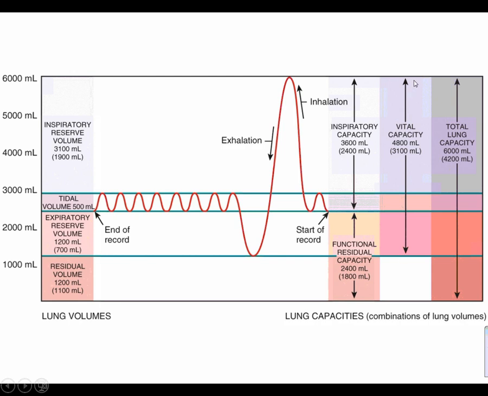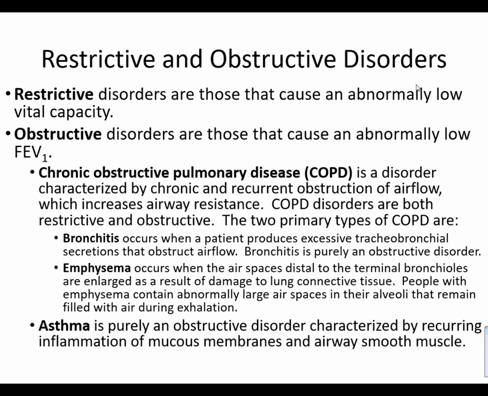It's what we can breathe in from the point after we've forcefully expired everything to the amount that we can completely inspire. So vital capacity can be thought of as the maximum ability to breathe in. So you can think of restrictive disorders as those that affect our ability to inhale. Whereas obstructive are those that cause that abnormally low FEV1, which is the exhaling.